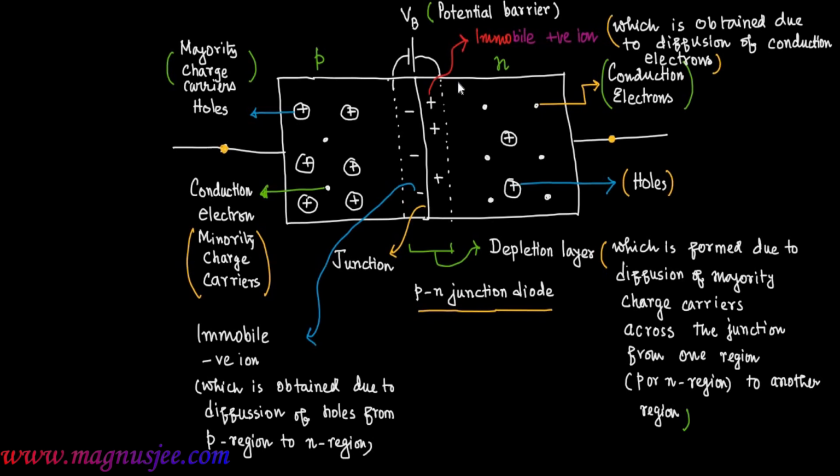And in the depletion layer, what is the function of the potential barrier?